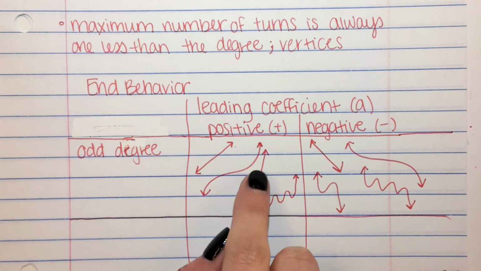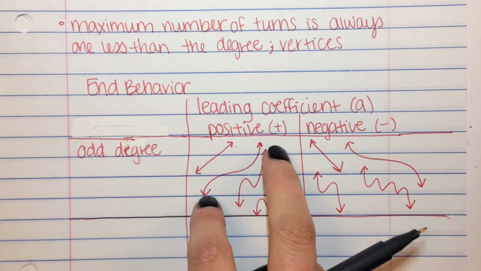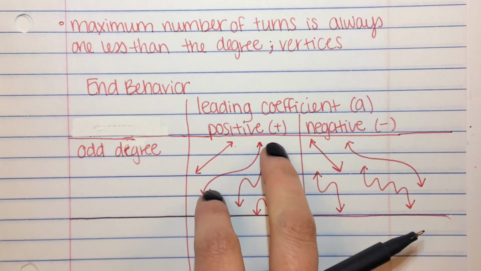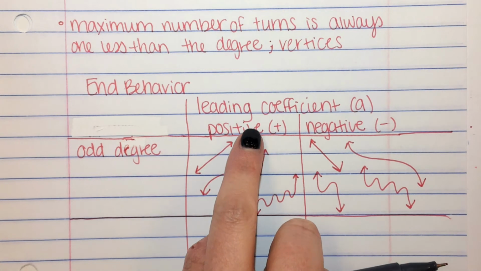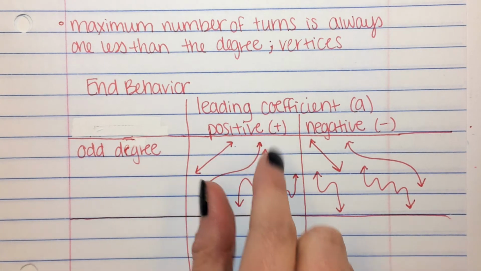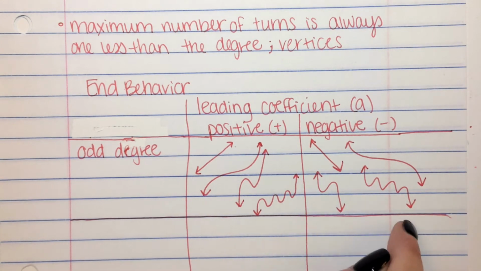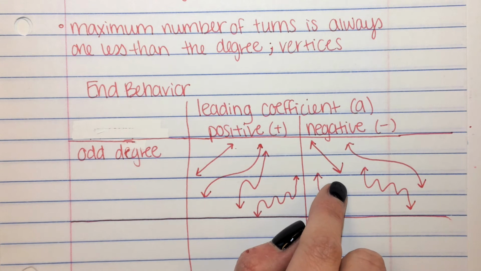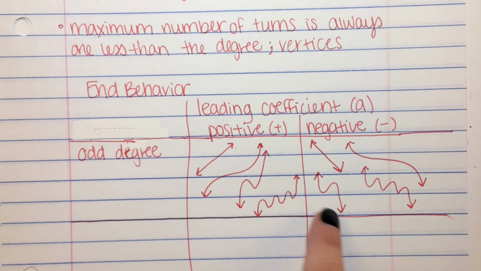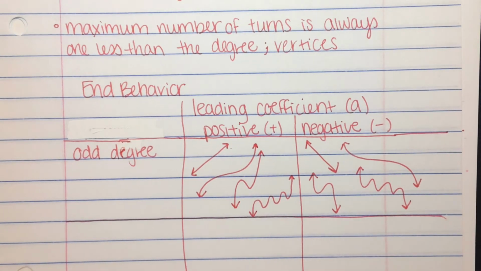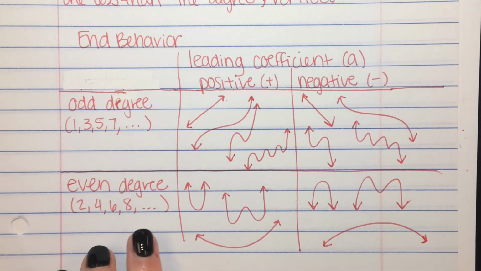So even if they've got the little curves in the middle, those odd degree, those opposite ends, if your A is positive, it's going up to the right, okay? If it's a negative A, you're going down to the right. So your slope looks like a negative slope. It's going down, okay?